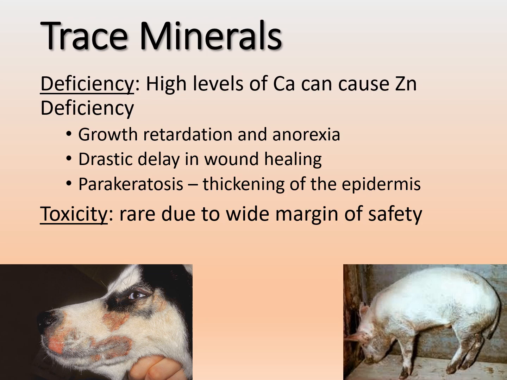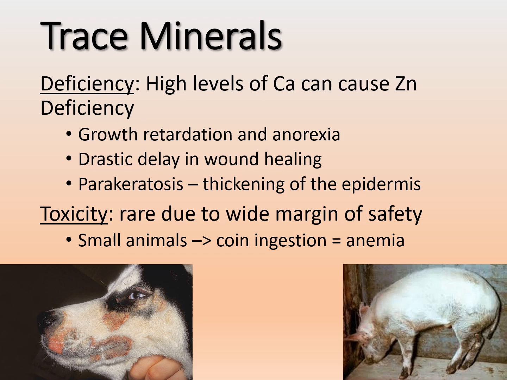And another outward symptom is this thickening of the epidermis, as shown in the picture, parakeratosis, which is these areas on the skin that are thickened and look irritated. And so that can be a classic sign of zinc deficiency. And we really don't see too much zinc toxicity because it is fairly safe.